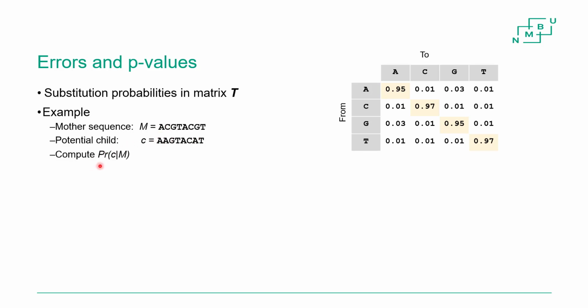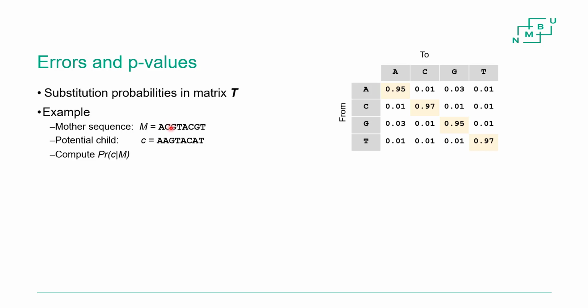Now the probability of the child given the mother can be computed, because we go symbol by symbol through the reads. First, we go from an A to an A. What's the probability of that? Well, from A to A, 0.95. So we write down 0.95, and then we go to the second position.